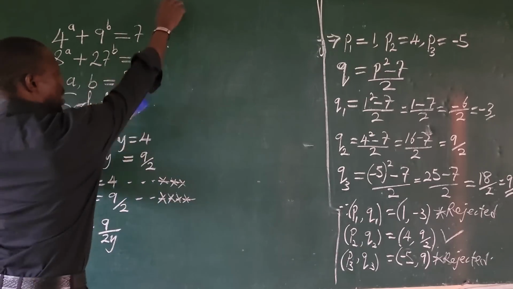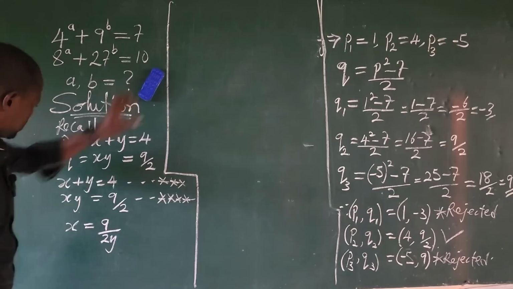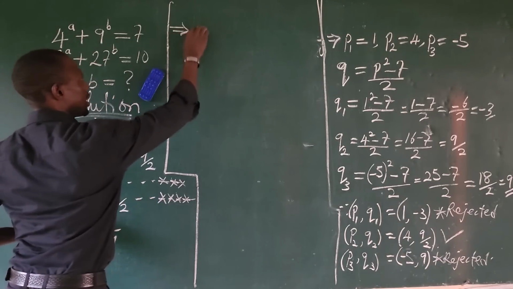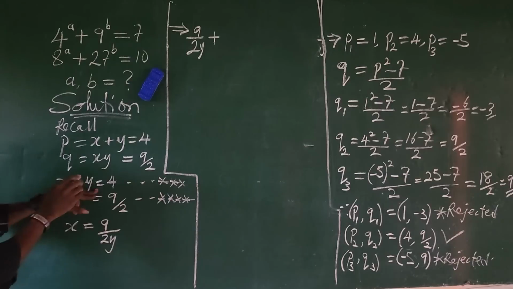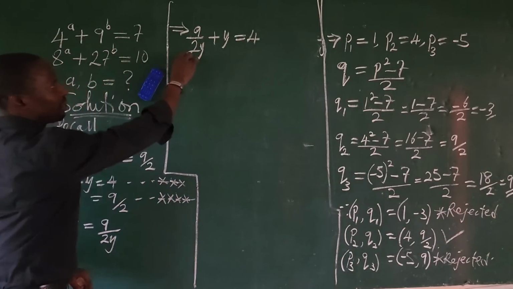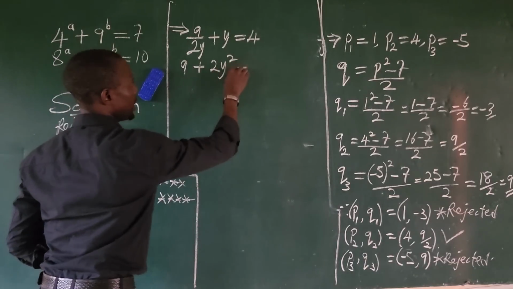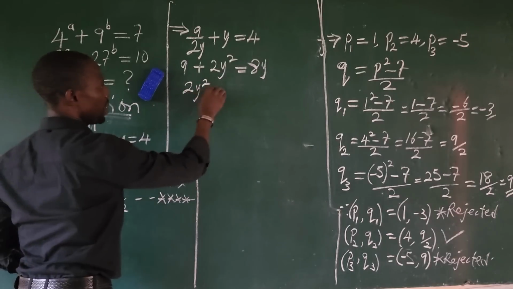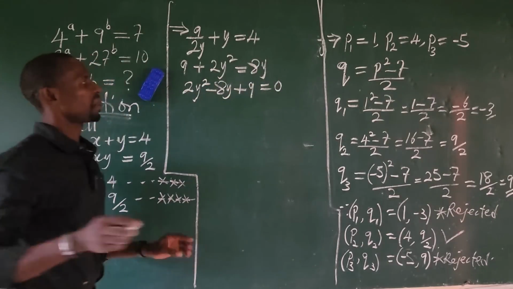If we substitute there, we're going to have 9 over 2Y plus Y is equal to 4. Let off this denominator. So we now have 9 plus 2Y squared equal to 8Y. If we rearrange, we're going to have 2Y squared minus 8Y plus 9 equal to 0.